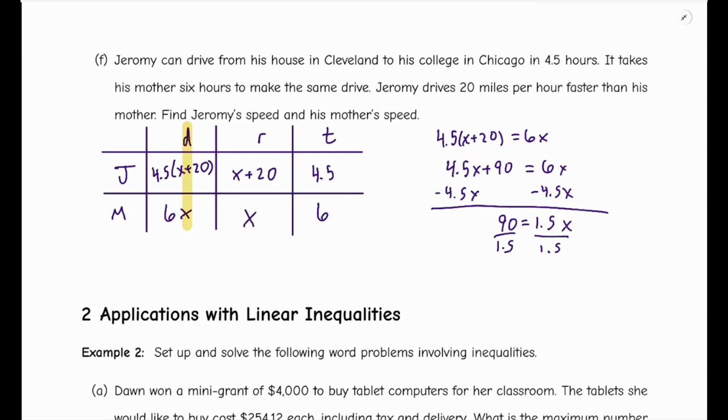And we get x equals 60. So that means the mom goes 60 miles per hour. And then Jeremy goes 20 more than that, so 80 miles per hour. And I think that's a good place to stop for this part of the notes.